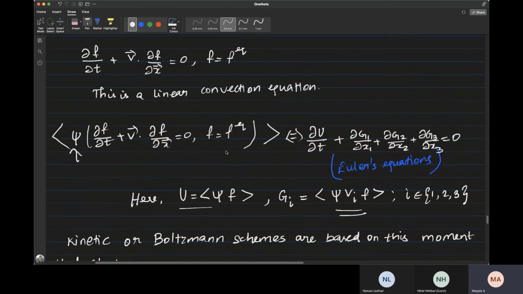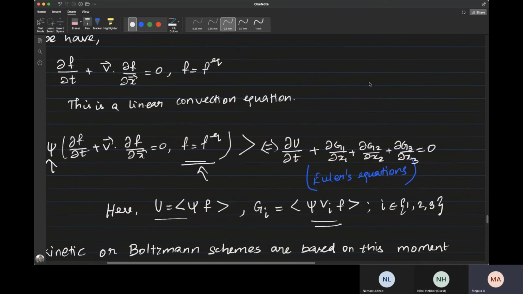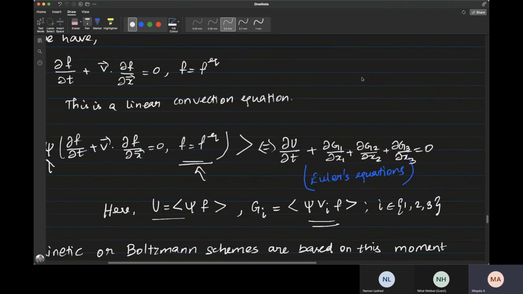When your system is in local thermodynamic equilibrium, we call it local because at every point in the macroscopic scale, if we zoom in further, there are lots of molecular distribution functions, and if we zoom in further, there are lots of molecules. So at every point we consider our F, the molecular distribution function, to be exactly equal to F equilibrium itself. In that case, we get Euler's equations.